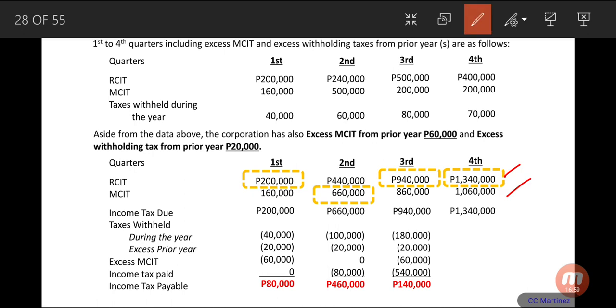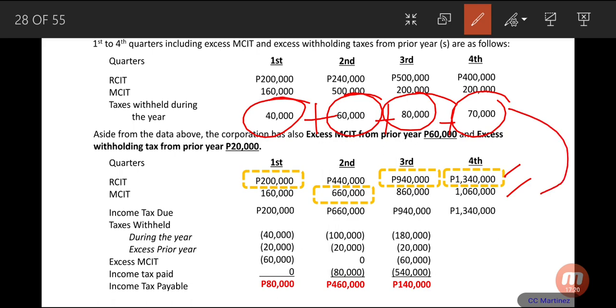So, punta naman tayo sa taxes withheld during the year. Again, since cumulative balance yung ginamit natin for regular corporate income tax and minimum corporate income tax, ang kukunin natin for the taxes withheld is cumulative balance din, which is yung 40,000 plus 60,000 plus 80,000 plus 70,000.